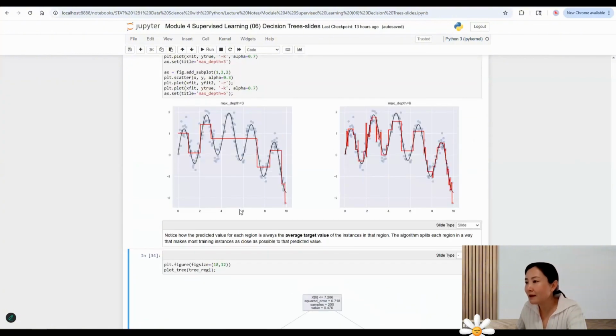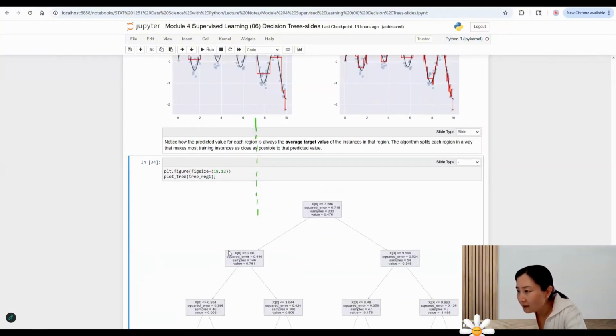So let's take a look at the tree. So the first split occurs here. Okay, if it's smaller than, go to left, and then go to right. Then take a look at here. If x is less than 2.06, go to left and then right.